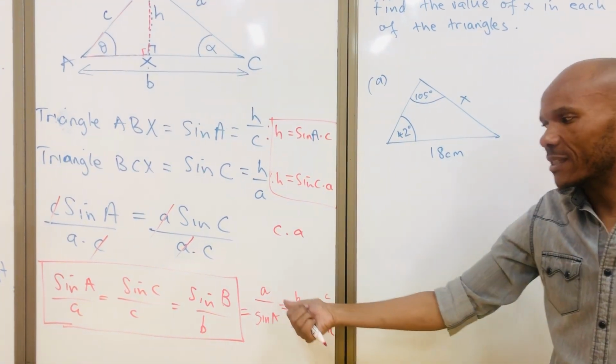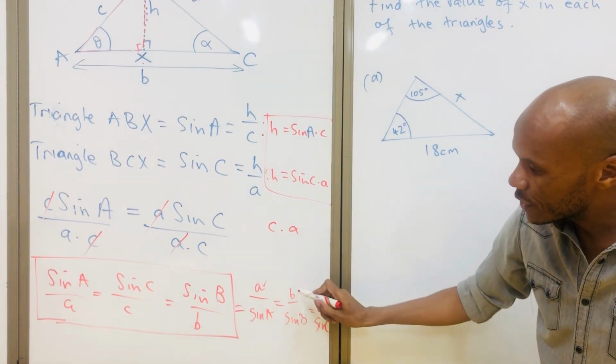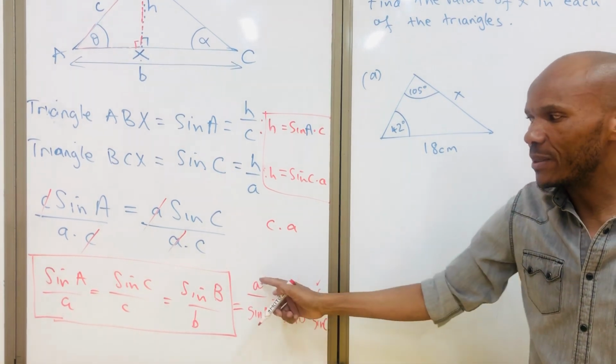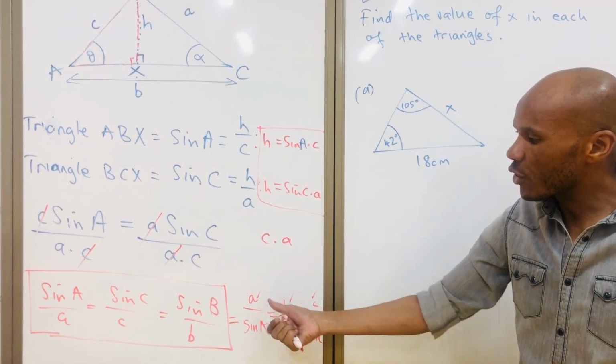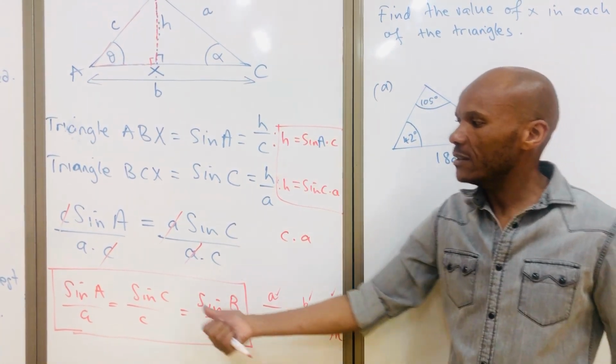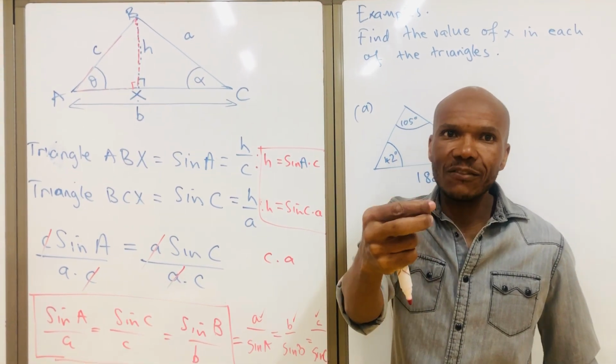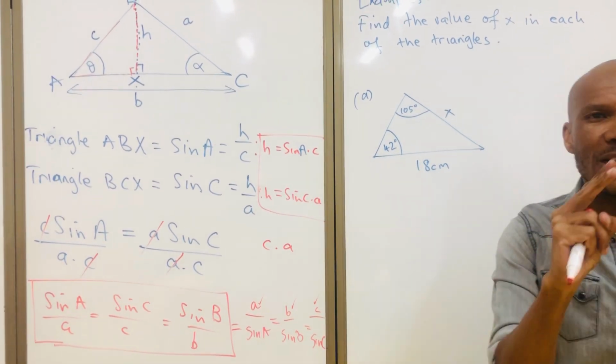And if you are looking for a side, make sure that your side is on top. Remember, the small letters represent your sides, right? Okay, I'll stop there for now. In the second video, I'm going to look at 2 examples.